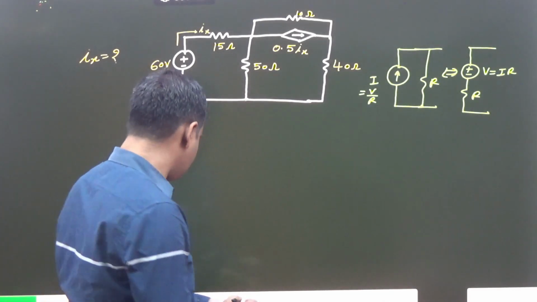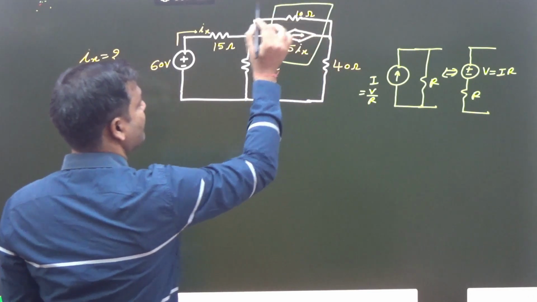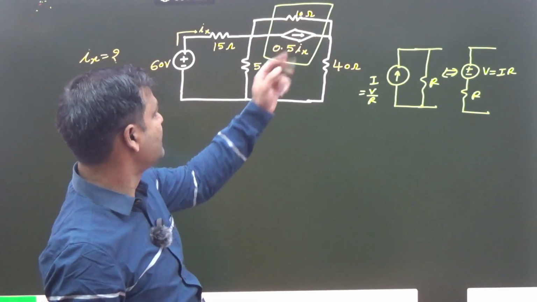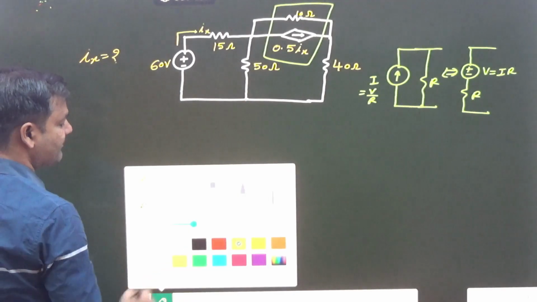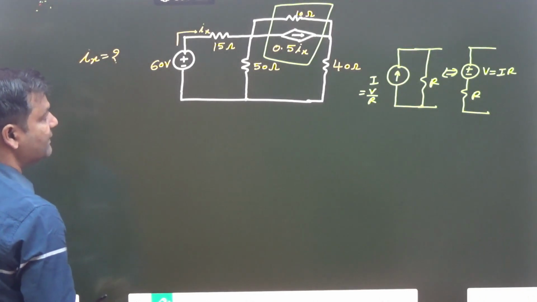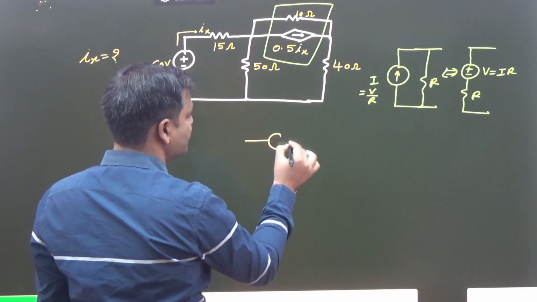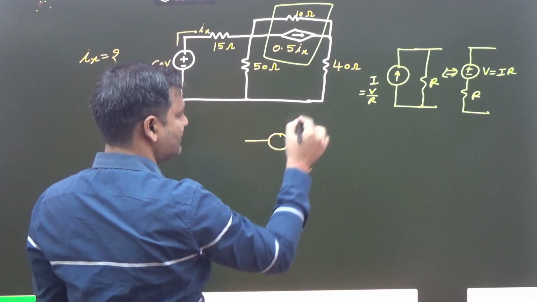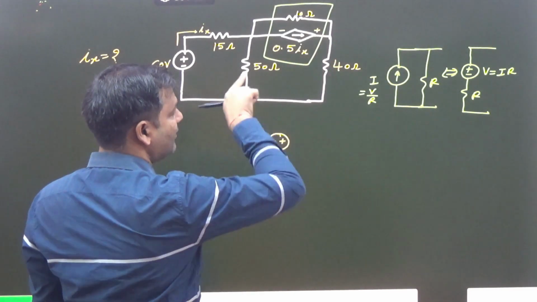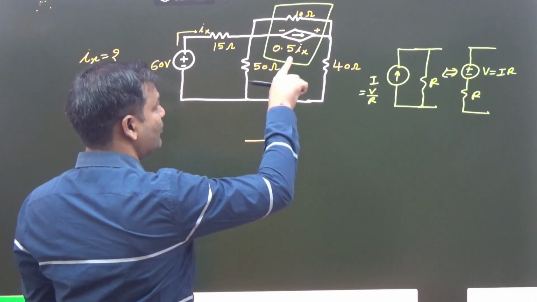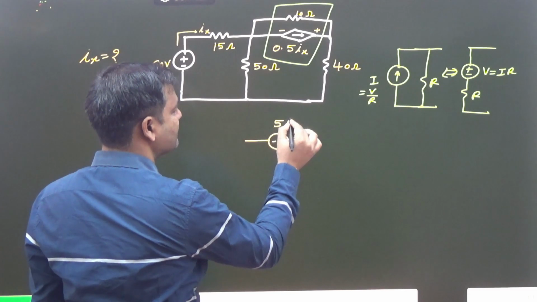So how can we apply that formula here? If you see very carefully, these two are connected in parallel, that is the current source and the resistance. After that, redraw the circuit. The current direction is that, so here positive, here negative, because current always leaves from the positive terminal. 0.5Ix into 10 is 5 volt, 5Ix.